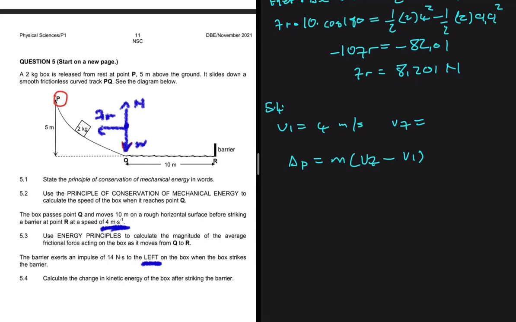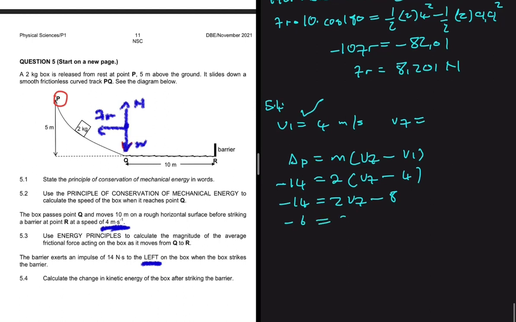So we're gonna have minus 14 being equals to the mass of the object, which is 2 kgs. We're looking for VF, and VI is 4 meters per second. So we're gonna have minus 14 being equals to 2 VF minus 8. Minus 14 plus 8 will be minus 6, being equals to 2 VF. It is easy to see now that VF is equals to minus 3 meters per second.